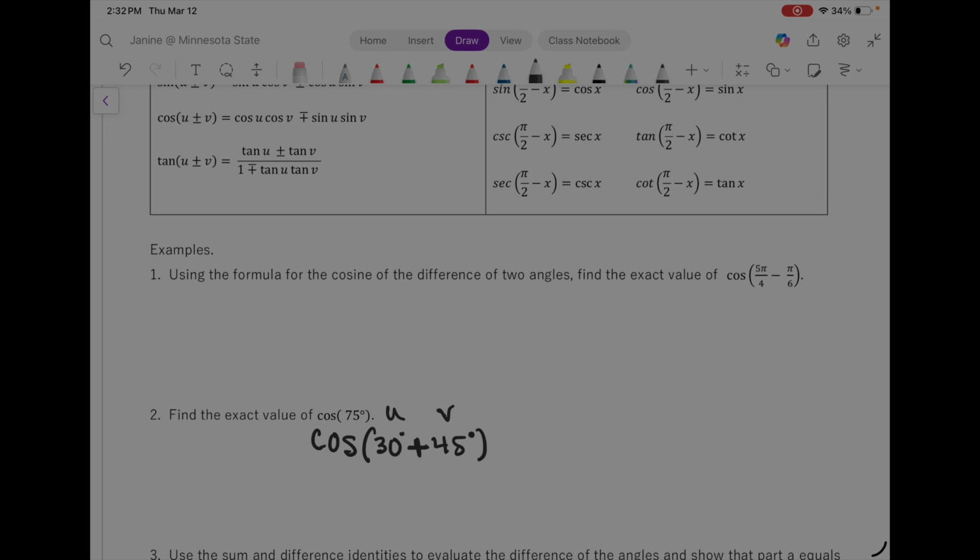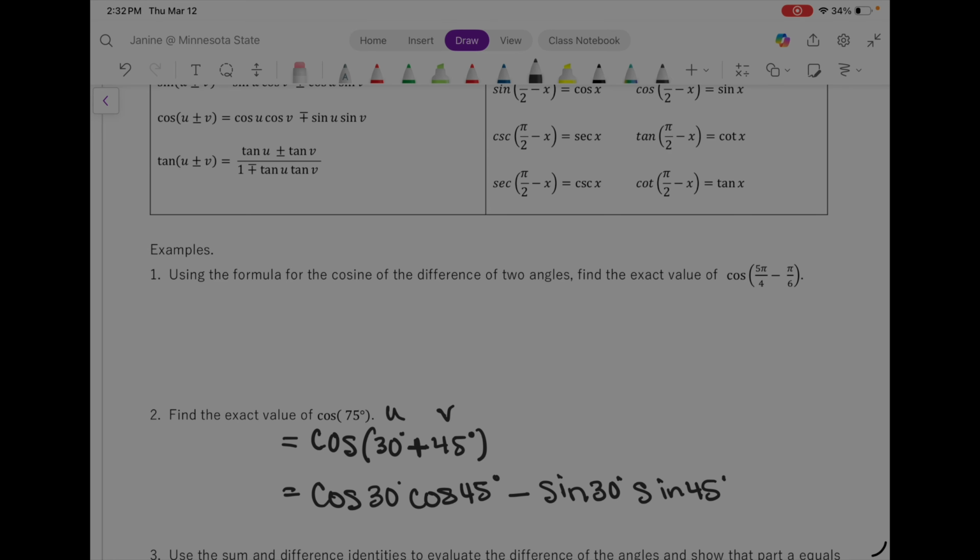So that means I can use that identity to say that is equal to the cosine of 30 degrees times the cosine of 45 degrees. And now I'm using the one on the top, so then it's going to be a minus sine of 30 degrees times sine of 45 degrees. Now, I know information about sine and cosine at 30 degrees and 45 degrees because that's on my unit circle.